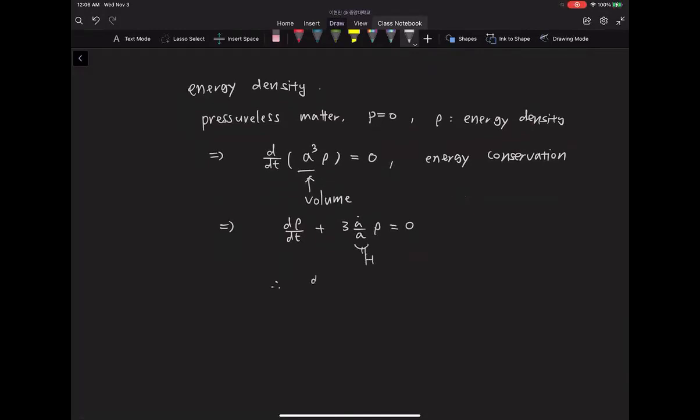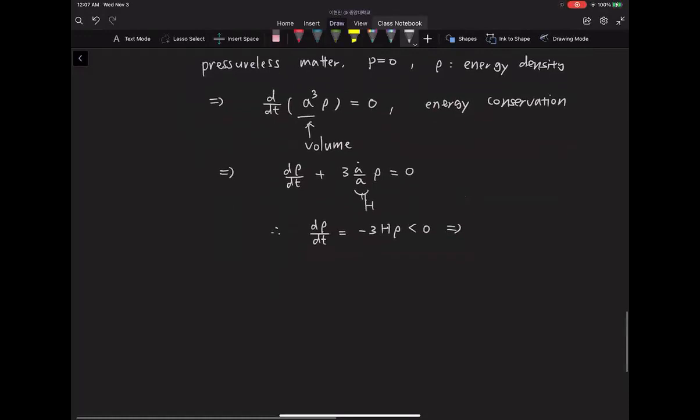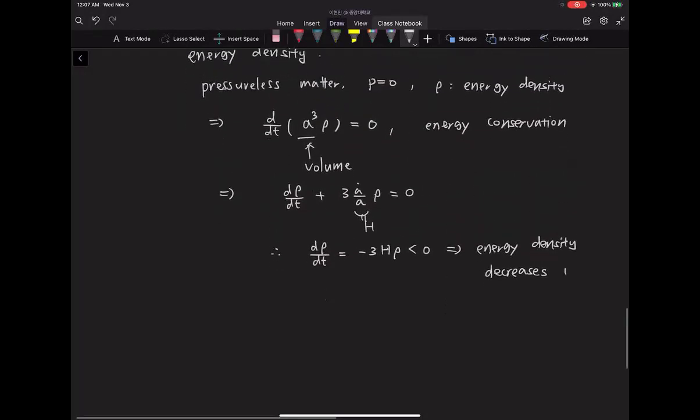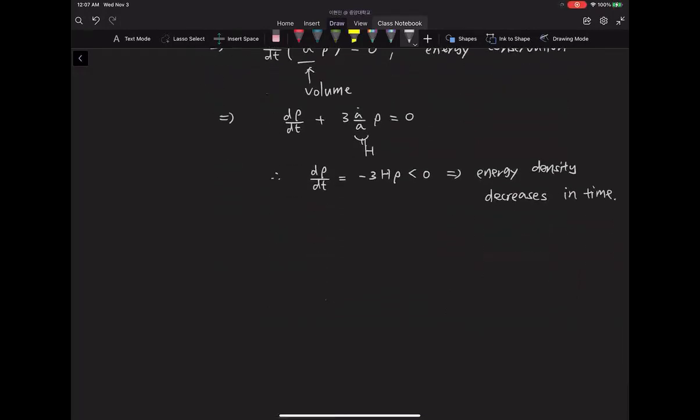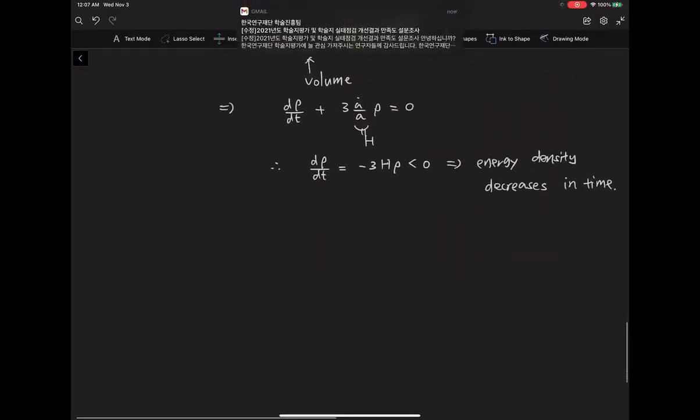Therefore, the time derivative of the energy density is minus 3 H rho, which is negative. So the energy density decreases in time. So this is the third implication of the expanding universe.